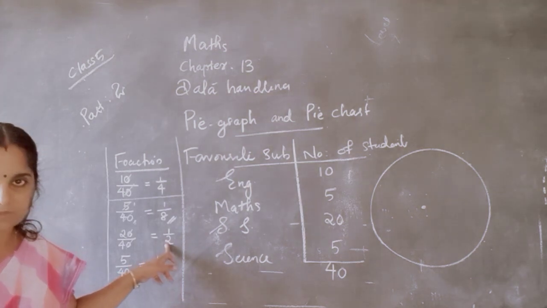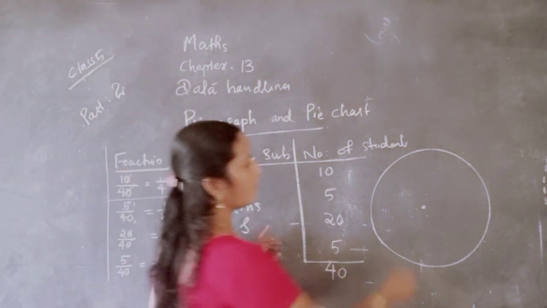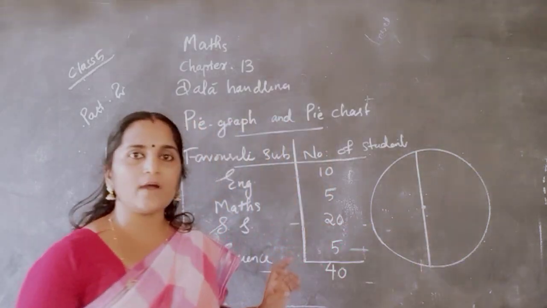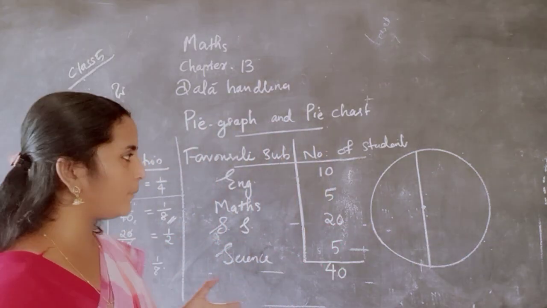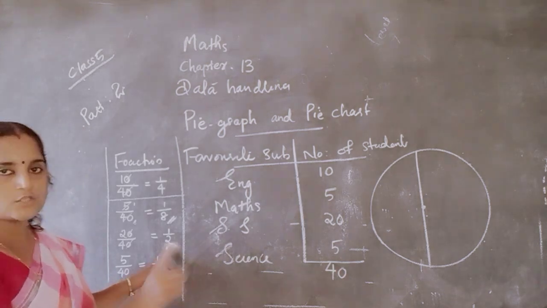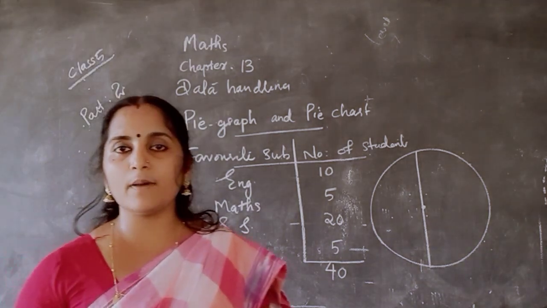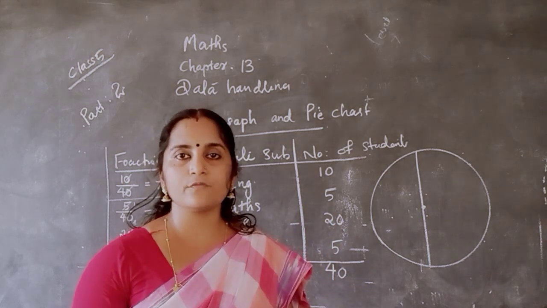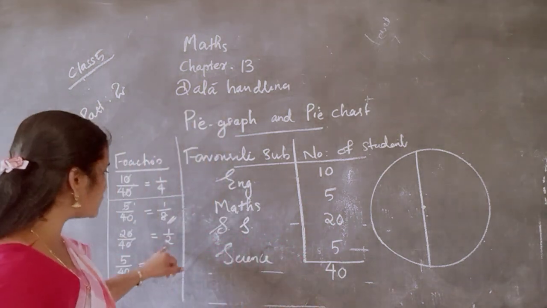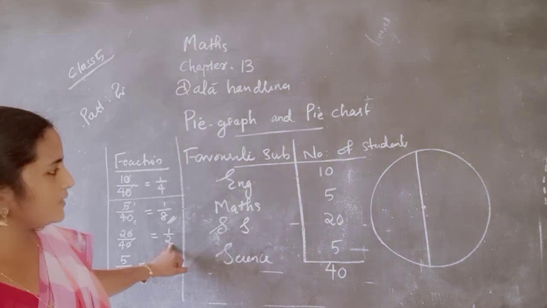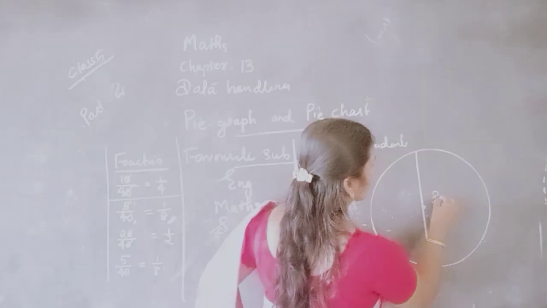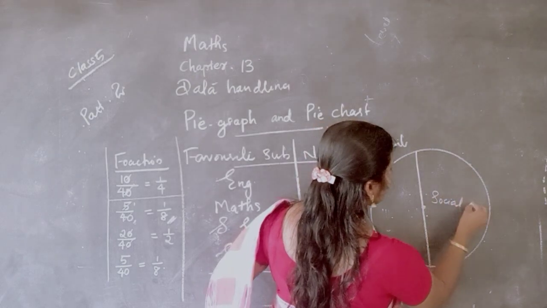If you draw a line passing through the center, it divides the circle into 2 equal parts, so each portion represents 1 by 2. We discussed this in the chapter on fractions. So 1 by 2 represents the third one, that is social science. You mark one portion as social science.